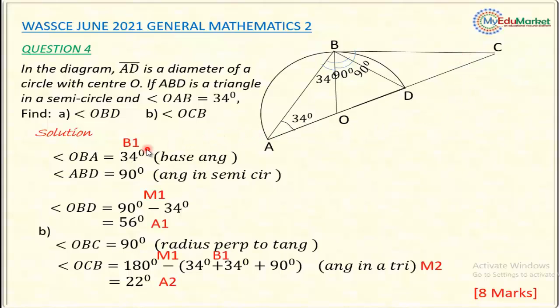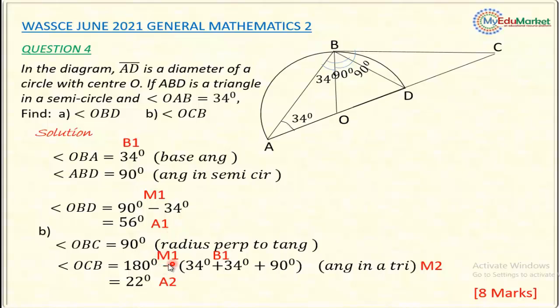The first mark is the B1 mark, the bonus 1 mark, where you have angle OBA as 34. Then, for attempting to get angle OBD by subtracting 34 from 90, you have a method mark, and getting the answer accurately as 56, you have another mark, the A1, the accuracy mark.